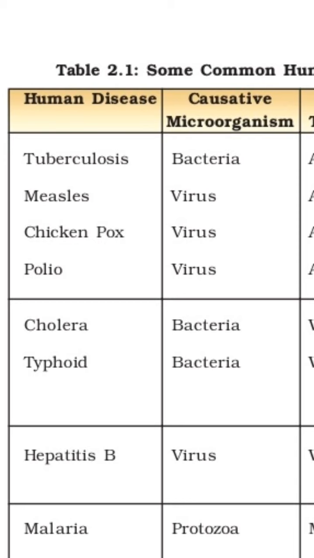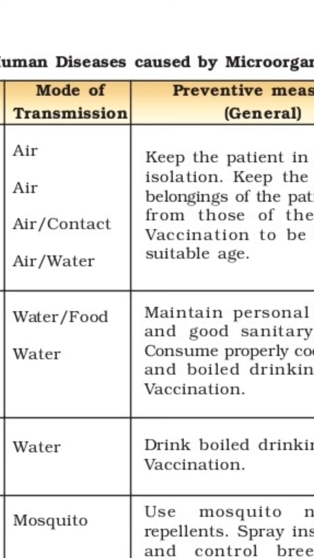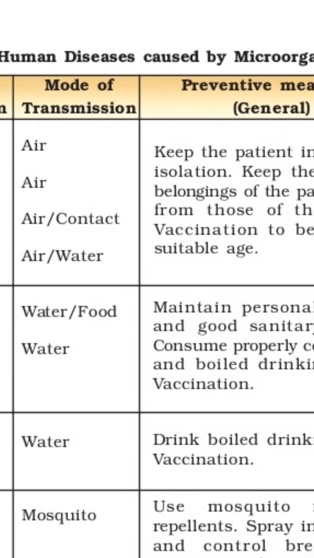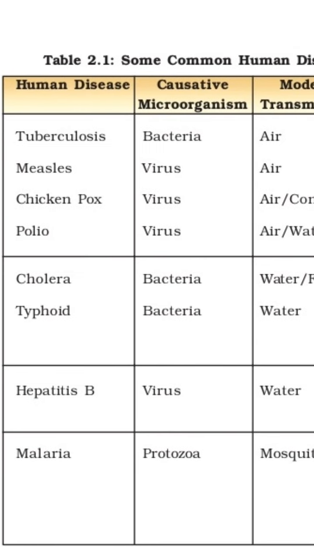Now the first disease, tuberculosis, causative microorganism bacteria, mode of transmission air. The preventive measures for all of them are mentioned at the last. We will first see all these human diseases.